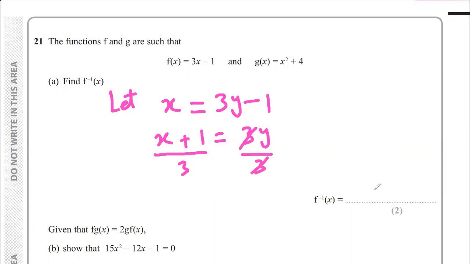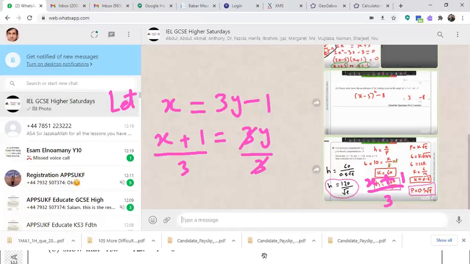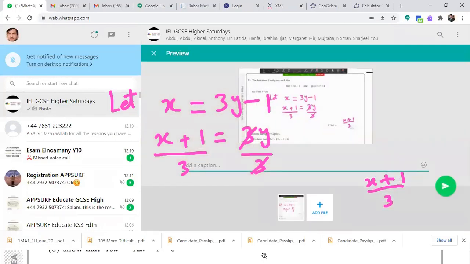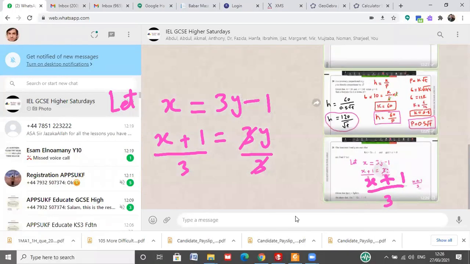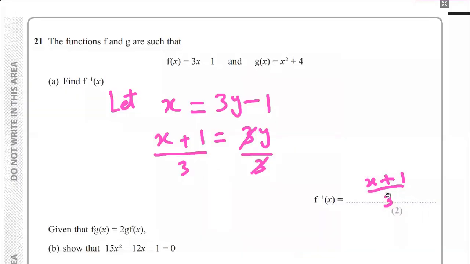X plus 1 over 3. And this means that F inverse of X is actually equal to X plus 1 over 3.